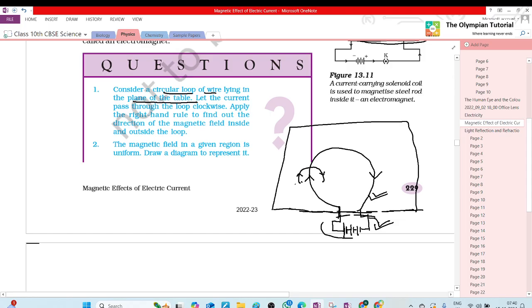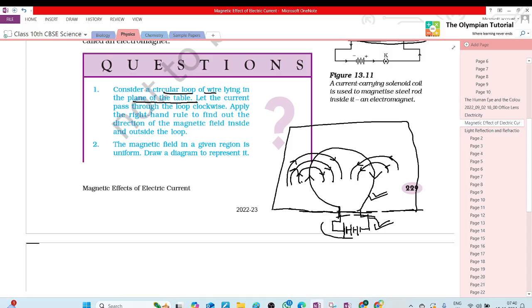It will go like this, magnetic field lines.